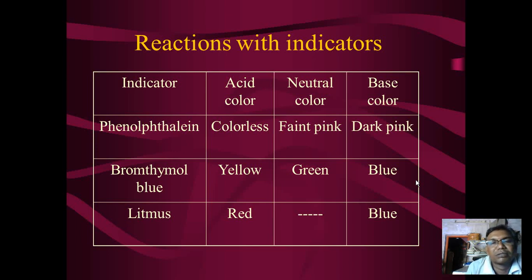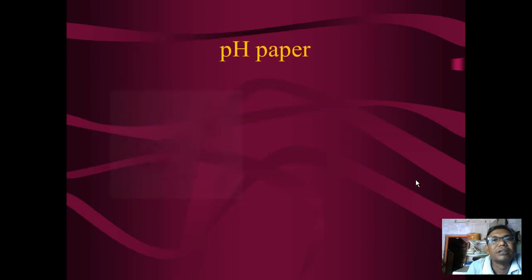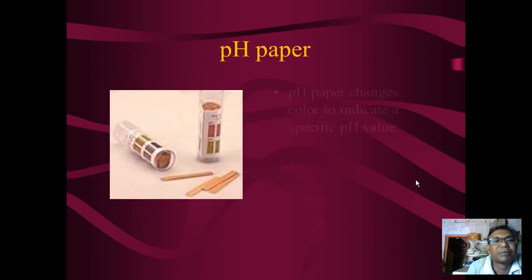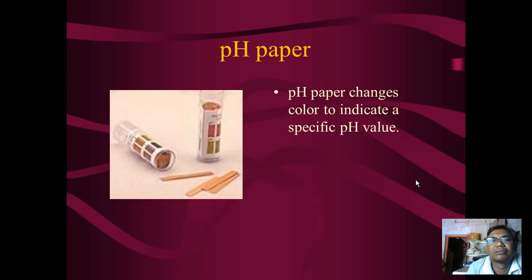Litmus is the common indicator used to find out whether a solution is neutral, acid or base. Acid gives red color, whereas base gives blue color. Neutral solutions have no color change. The pH paper gives different shades with different values and colors.